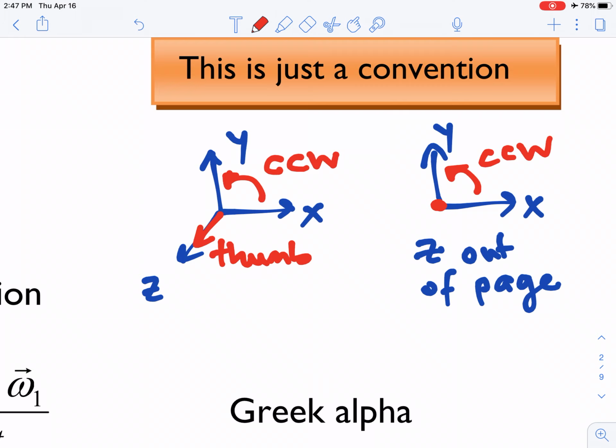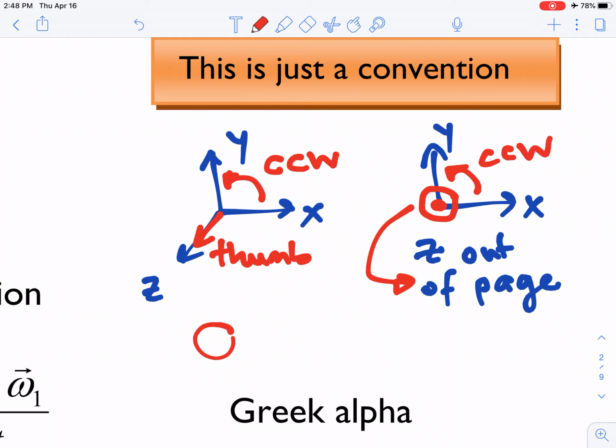In the perspective view, it looks like it's lying on the z direction, but if you put the axes x and y on this plane, you're just seeing the tip of the thumb. What I've just drawn, the circle with a dot, is the out of page representation.